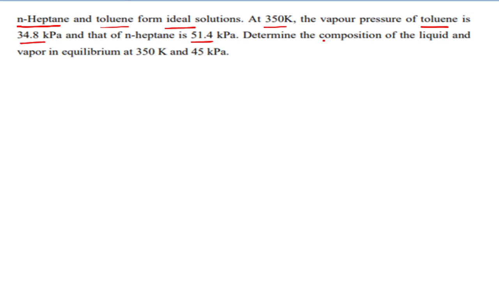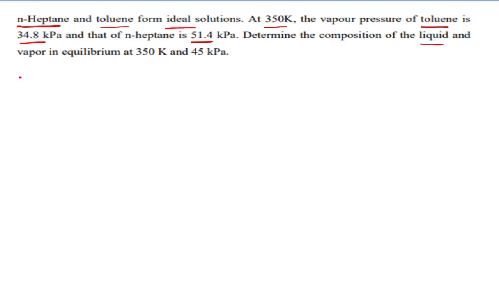We are required to calculate the composition of liquid and vapor in equilibrium at 350 Kelvin and 45 kilopascals. So, we are required to calculate the liquid composition and the vapor composition of each component in the mixture.